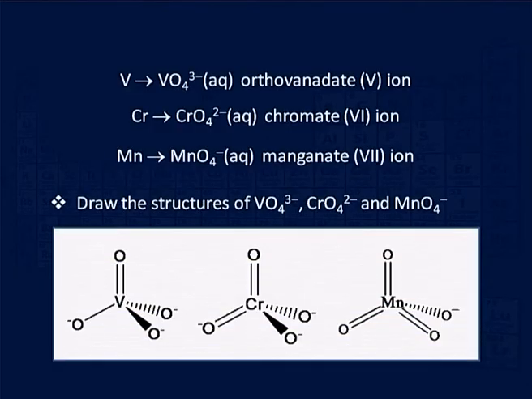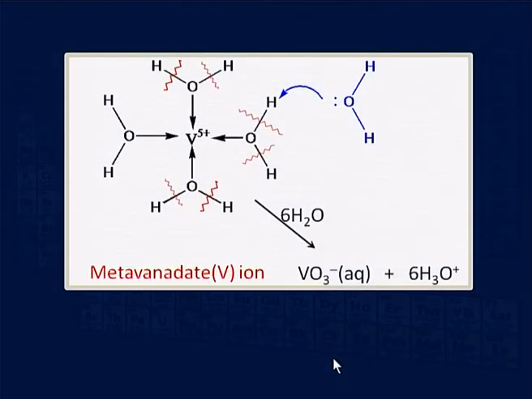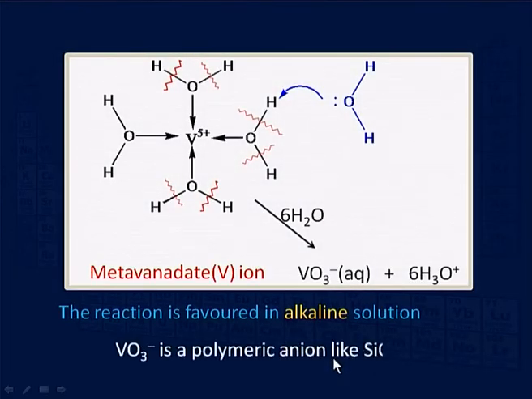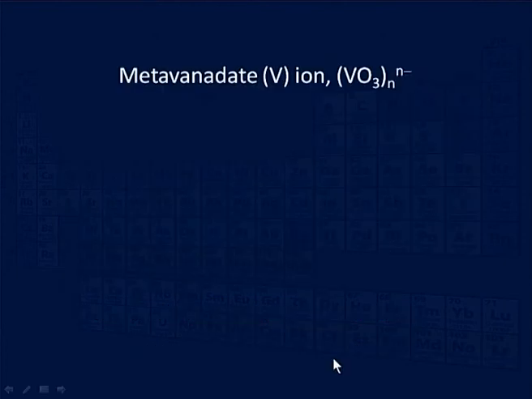Let us draw the structures of these vanadate, chromate and manganate ions. The structure of vanadate is something like this, chromate is this, and the manganate ion structure we have already seen earlier. How the vanadium ion changes in alkaline solution is also shown in this figure.